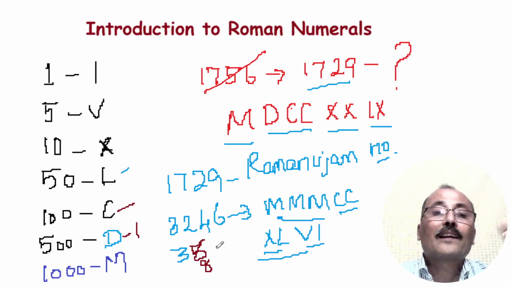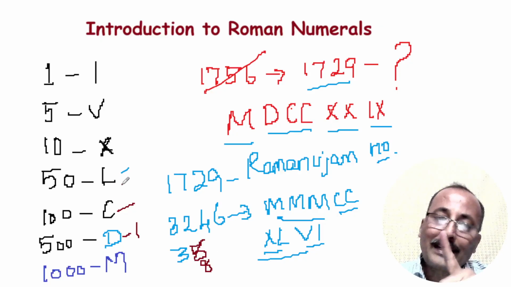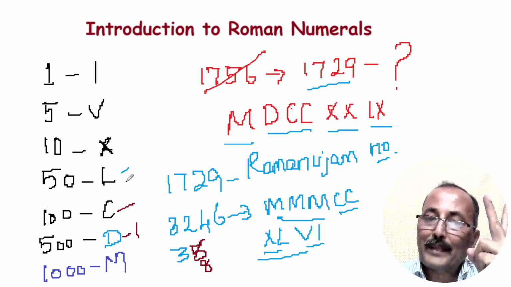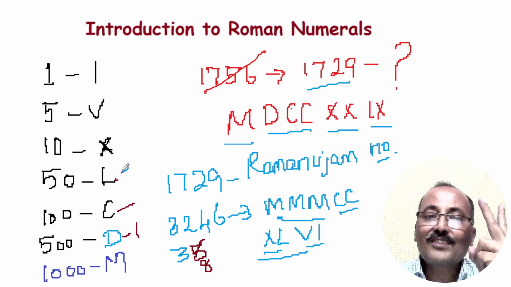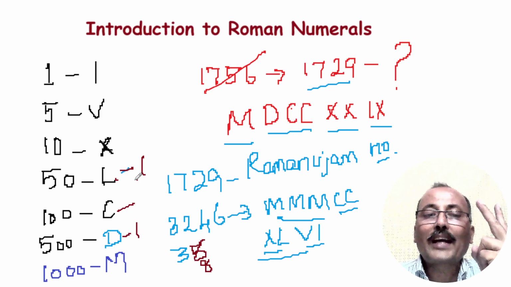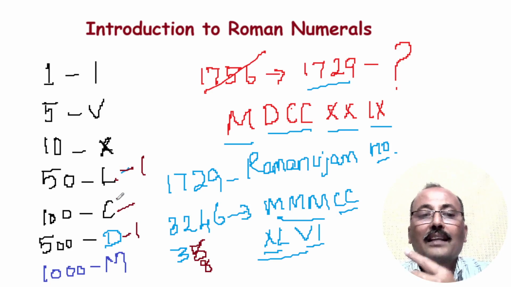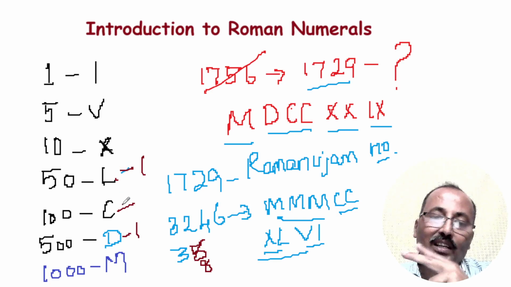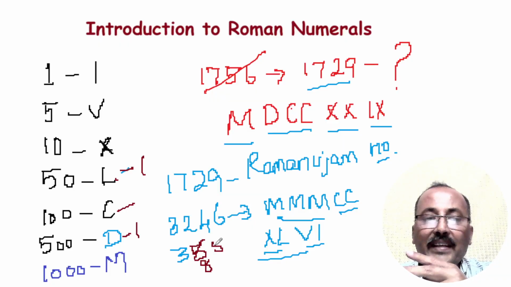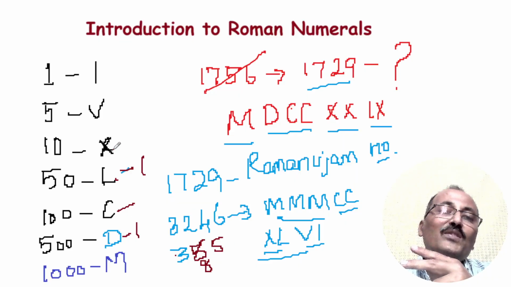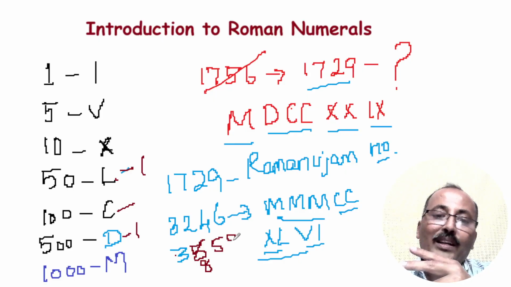Up to 800 you can write. Then L you can write only one time, no two times. Why no two times? If you write 2 L's, that will go to C. So that is also not allowed. So only one, that is 50. 3850. What about this one? 9 or 10? 9. 10 we cannot write.